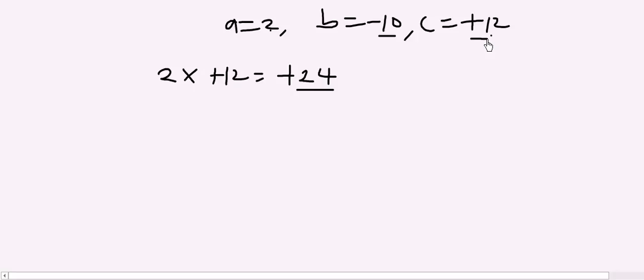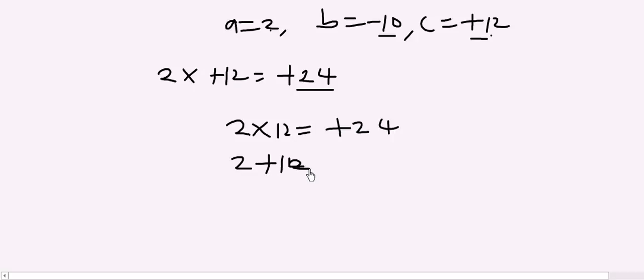If we take 2 times 12, that gives us plus 24, but 2 plus 12 gives us plus 14. So 2 and 12 cannot be the factors.